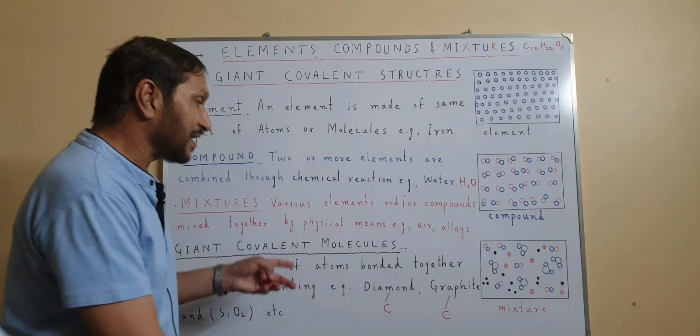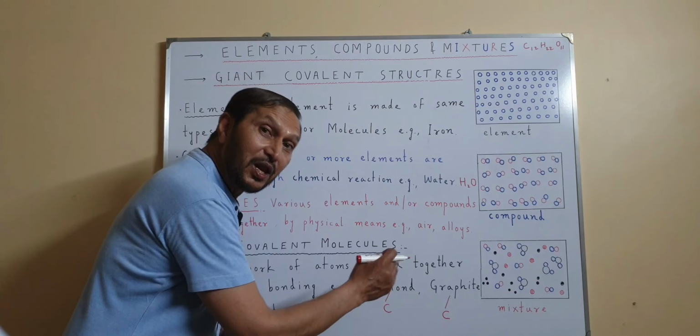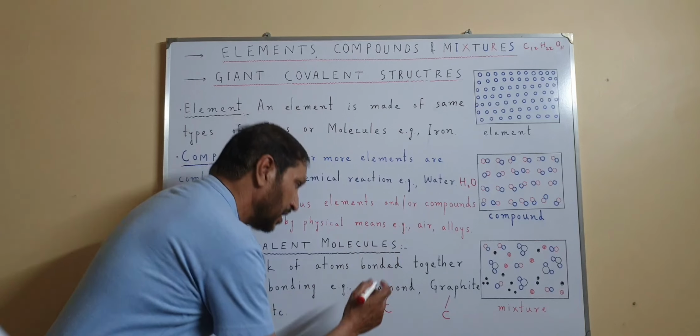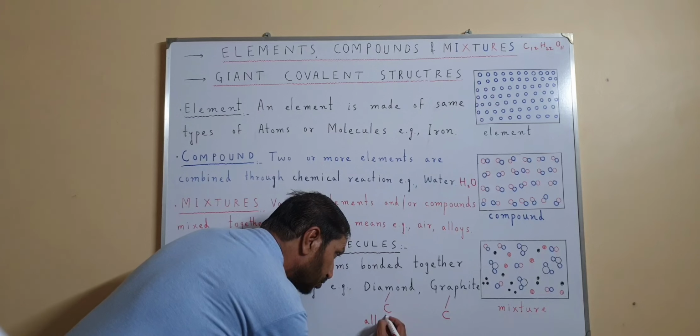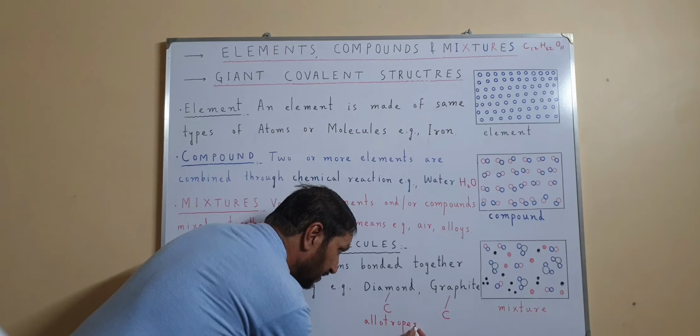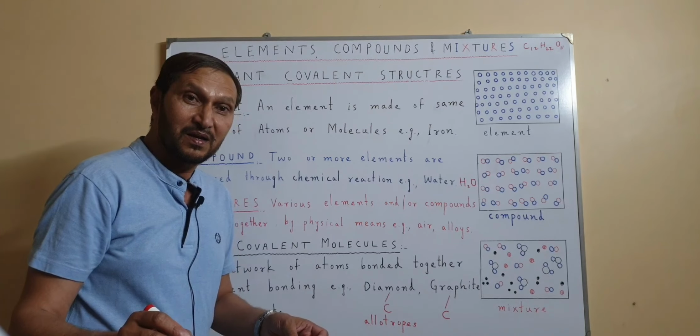However, we can say that both graphite and diamond are allotropes of each other. Their arrangement of atoms is different, so they can be called allotropes. What are allotropes? For example, diamond and graphite are allotropes of carbon.